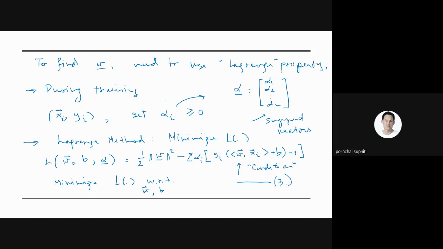So in order to minimize this type of function, we minimize it with respect to the weight and also the bias. What we can do is differentiate L with W and with b.